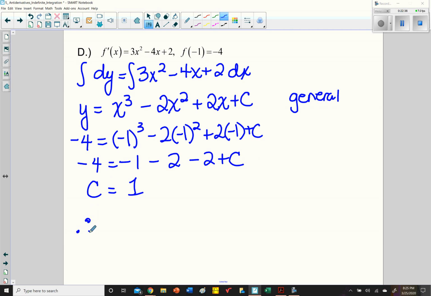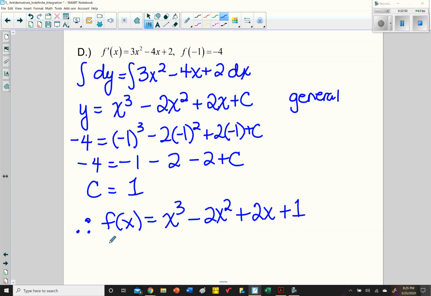And our particular solution for this differential equation is x cubed minus 2x squared plus 2x plus 1. We have an entire chapter later on for just solving differential equations. These are just some basic ones.